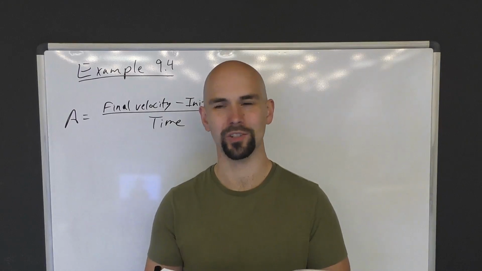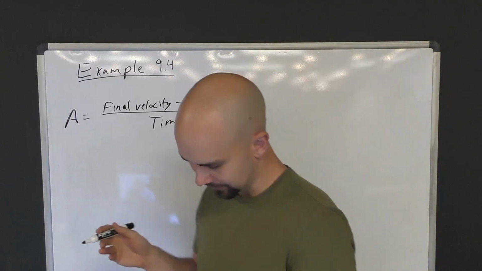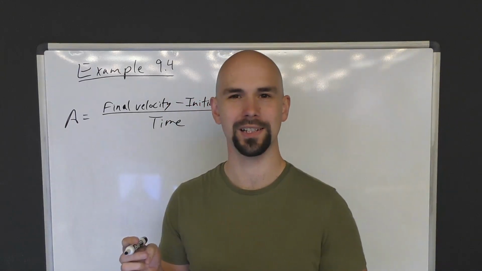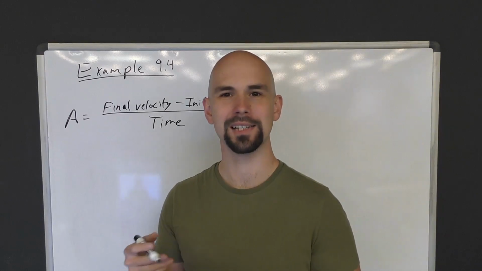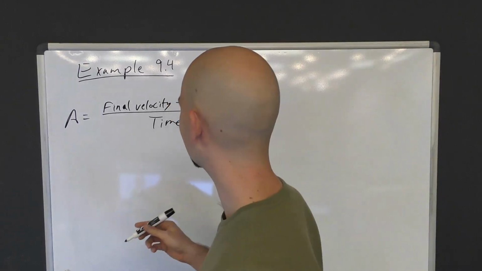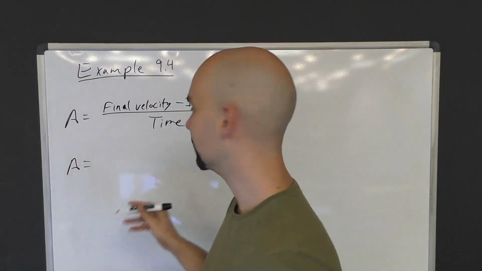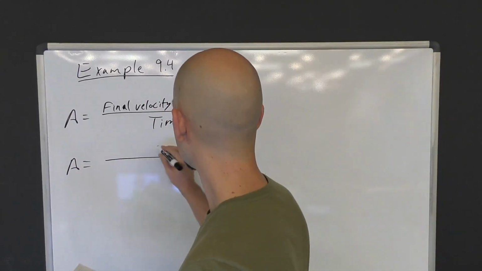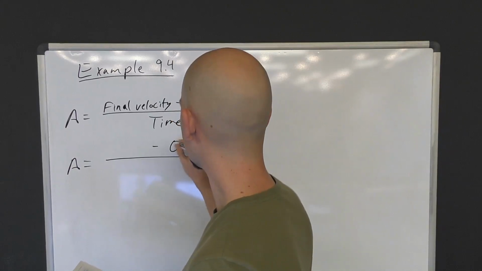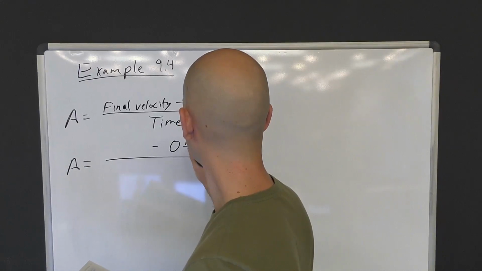What is the acceleration? All right, it's telling us then, if it started with 0 initial velocity, it's not actually moving. It has 0 meters per second of velocity. So let's plug that in, and that's going to be our initial velocity. So minus 0 meters per second.